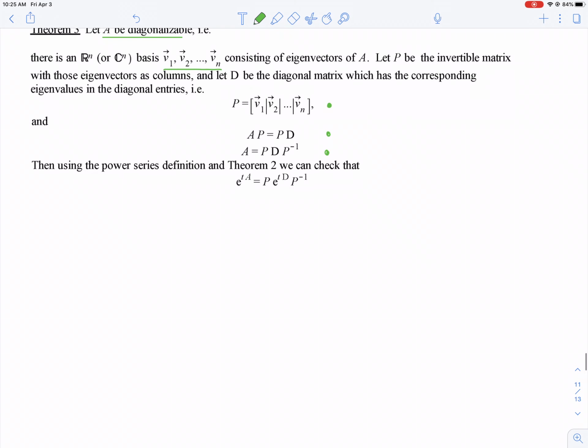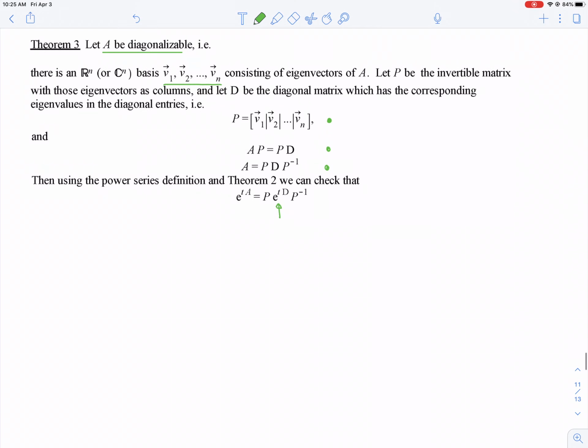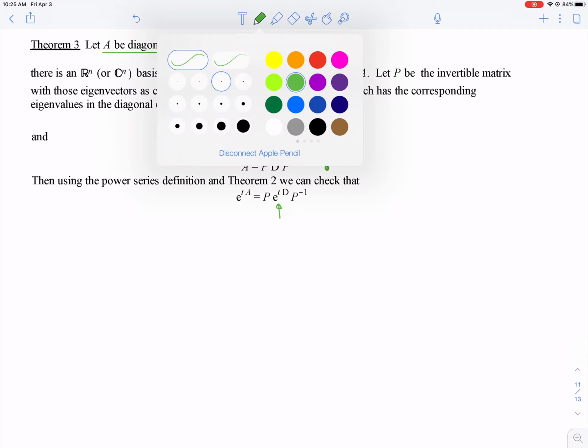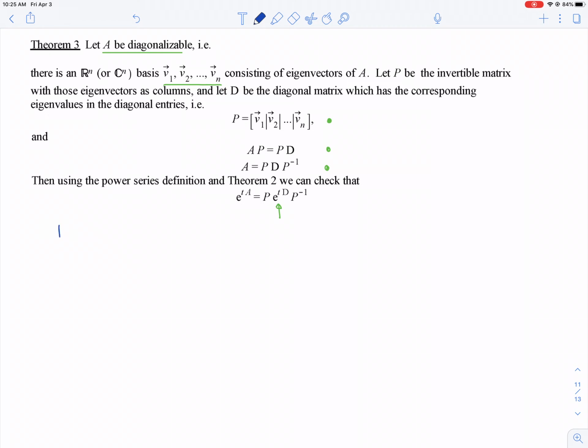And that lets us find e to the tA by first computing e to the tD and then, using Theorem Two, multiplying on the left by P and on the right by P inverse. So let's check why this is true.